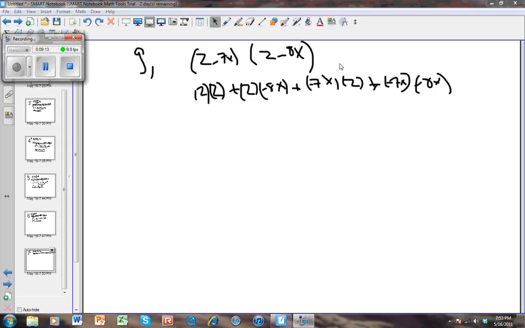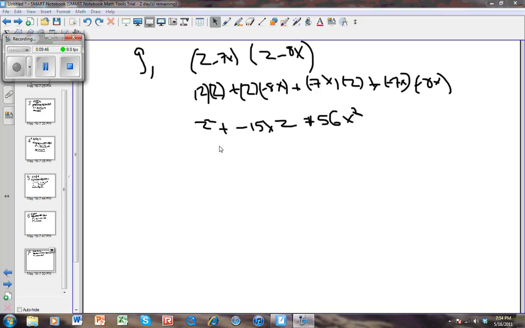Okay, so we expanded this. Now I'm going to simplify that. It's going to become z squared plus negative 15xz plus 56x squared.